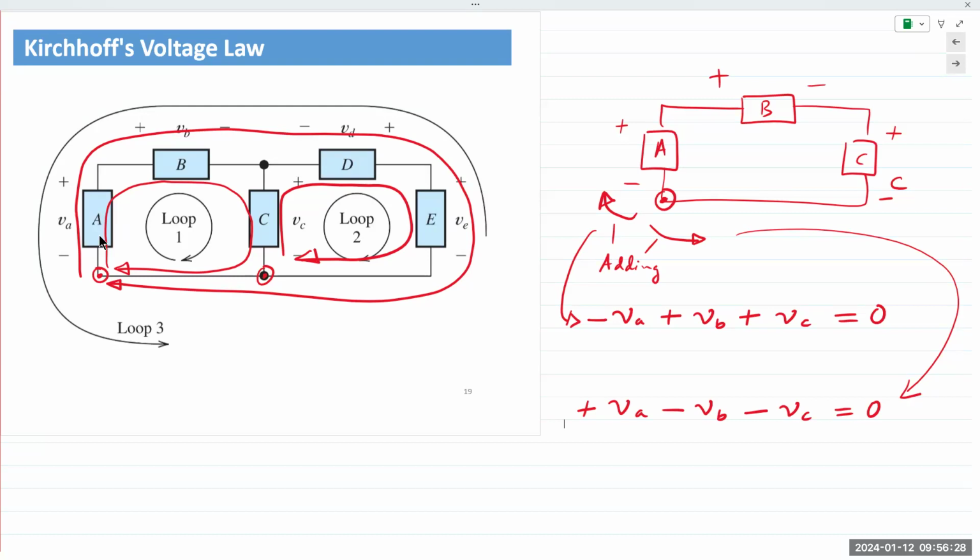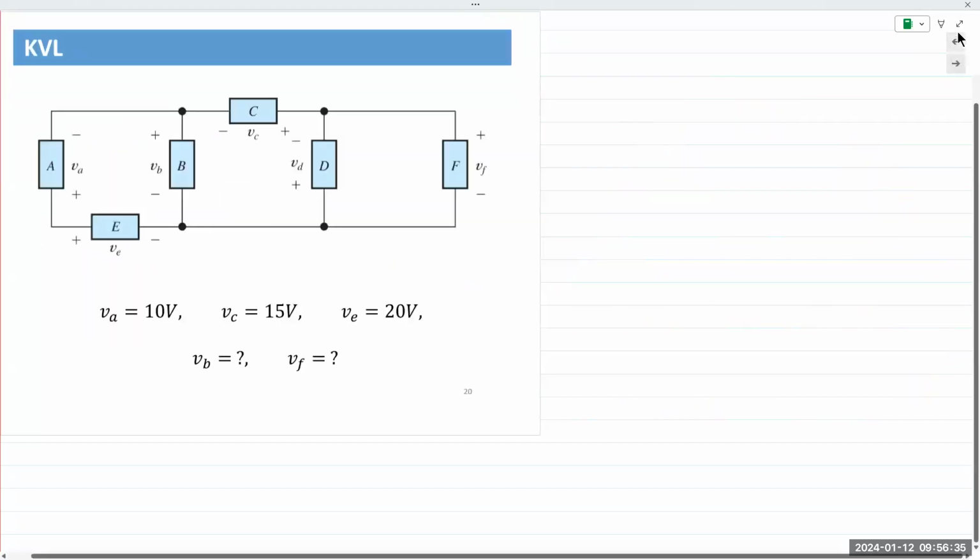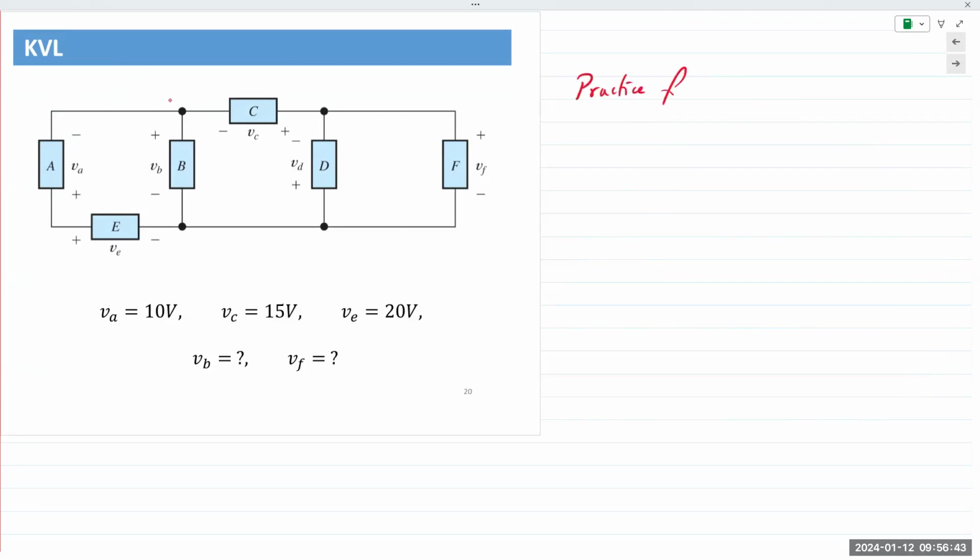All right, any questions? Okay, then for the example right here, I will assign it as practice. Do this, and if you have any questions, let me know.